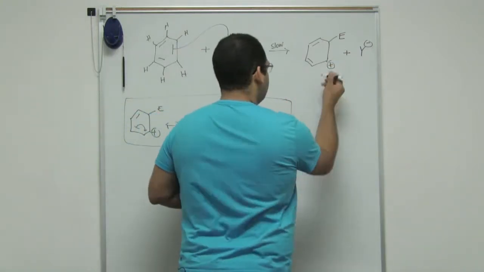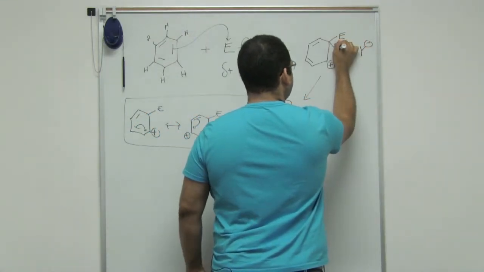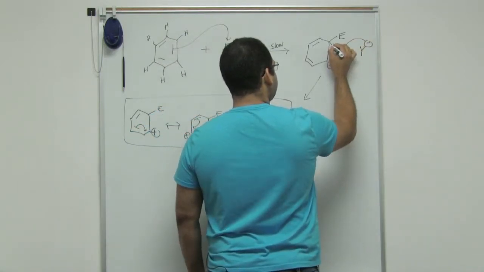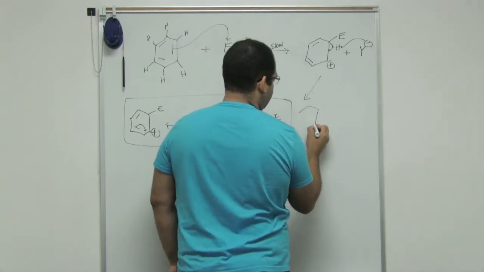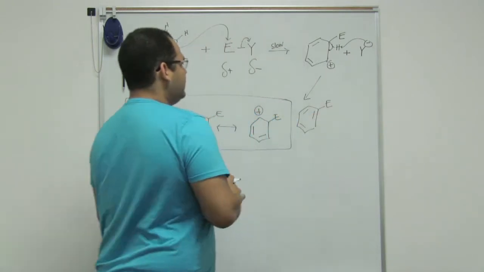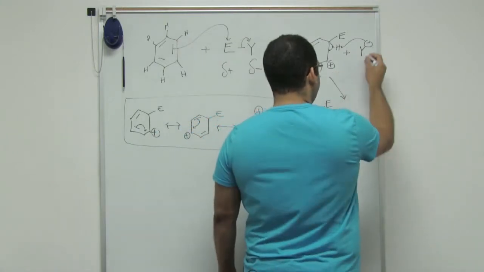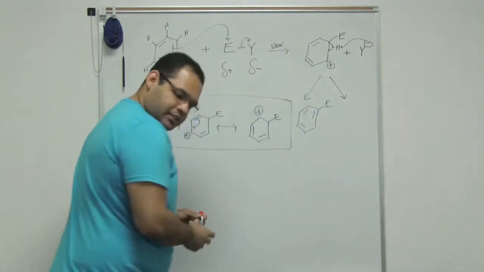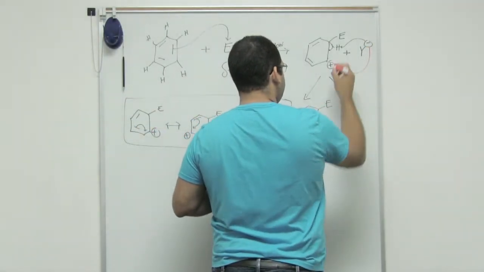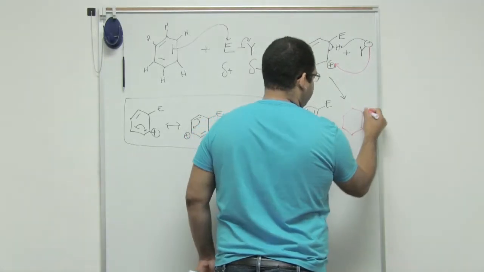We could have Y minus working as a base, reaching with electrons, grabbing the hydrogen, and pushing the double bond here, stabilizing our final product and restoring the aromaticity. Or, let me change colors, we could have it working as a nucleophile, doing the attack here, and we have the addition of Y.